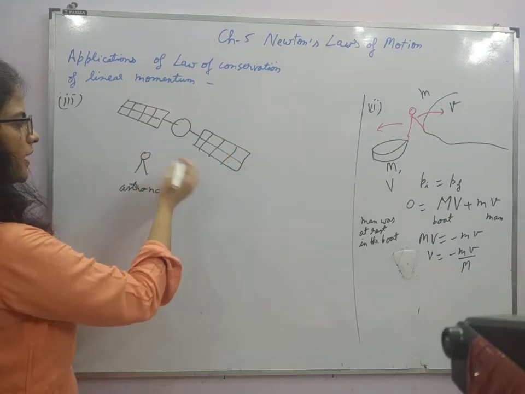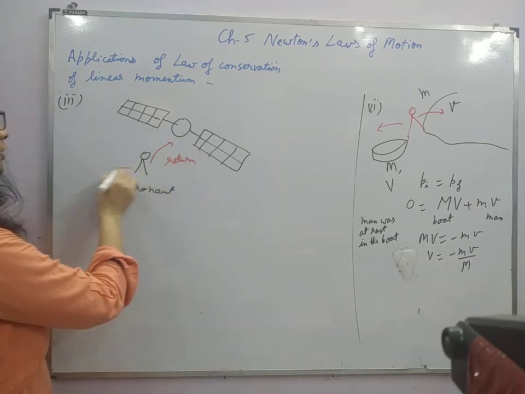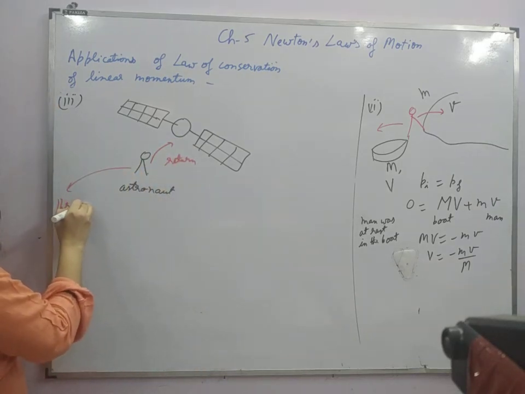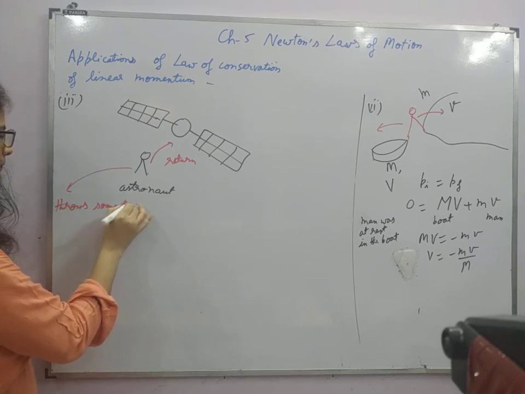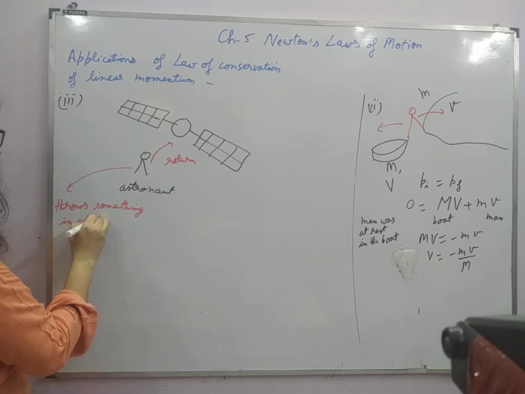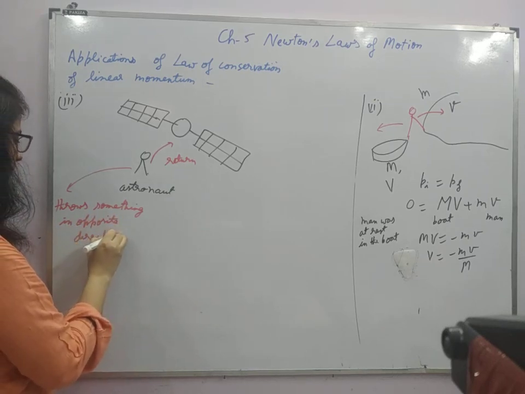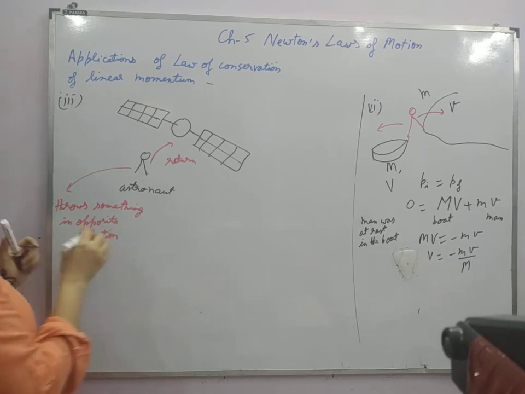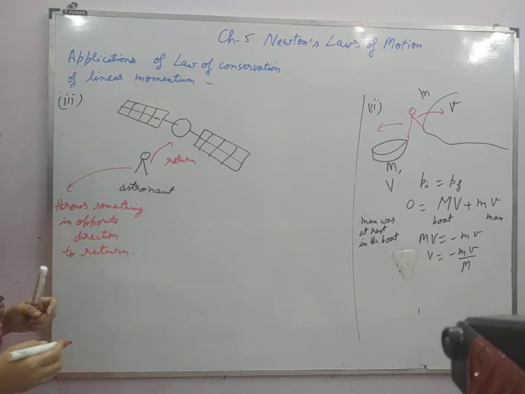So in order to go back, he wants to return, right? So he throws something in the opposite direction to return to the spacecraft.